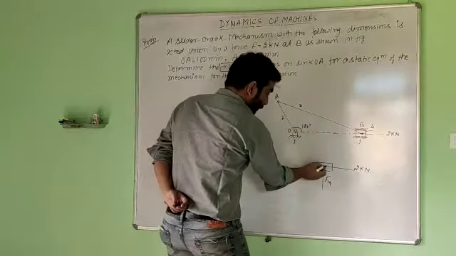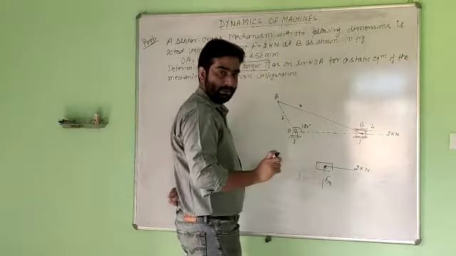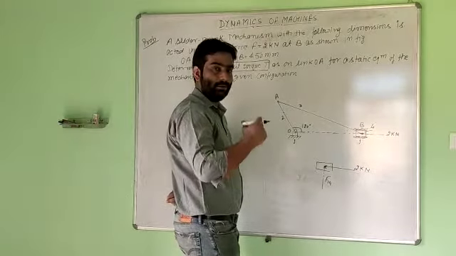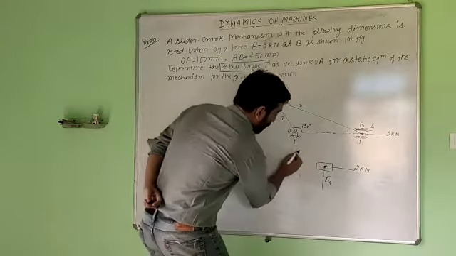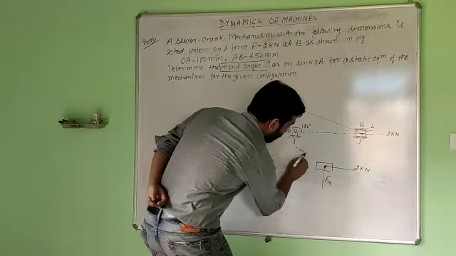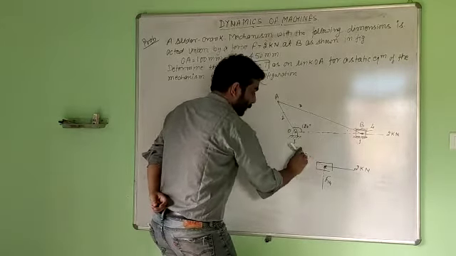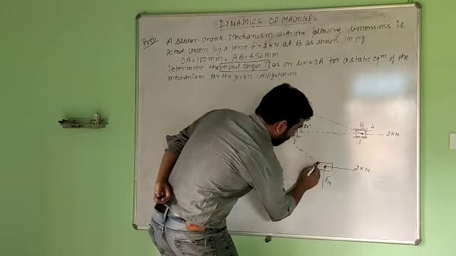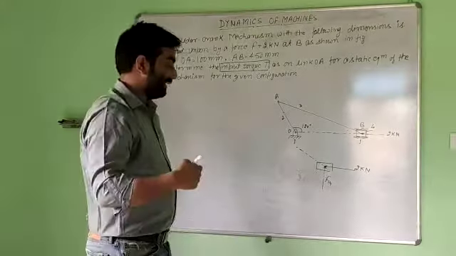Now the third force will pass through the same point because the member is in equilibrium under the action of three forces. So the force will act along this line, and we will draw a parallel line from here to here. We will have a force in this line, but we don't know the magnitude as well as the direction.